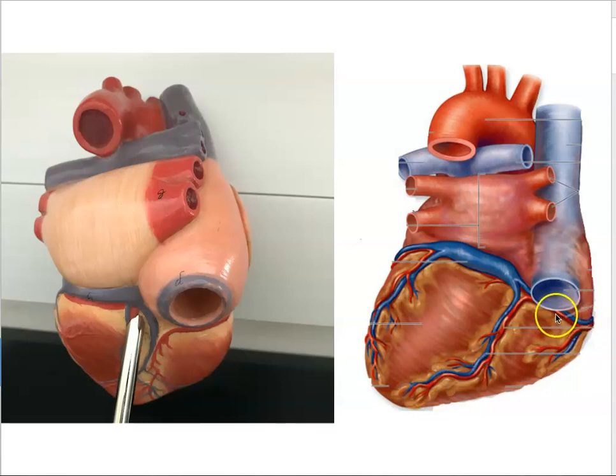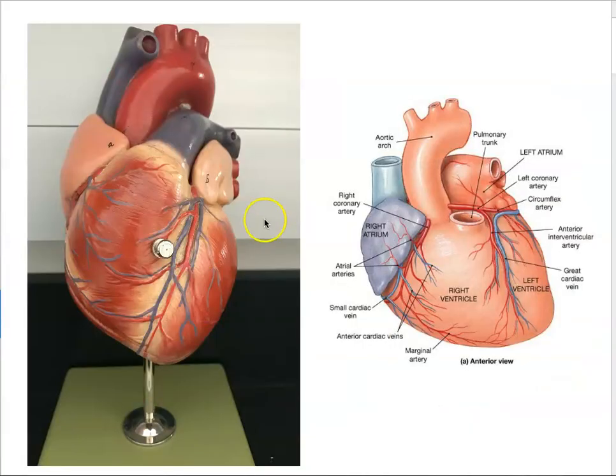So just kind of remember where you are. Remember, this is all a coronary sulcus up here. The right coronary artery and its second branch on the back side, the posterior descending artery. Now, let's go back up to the anterior side.